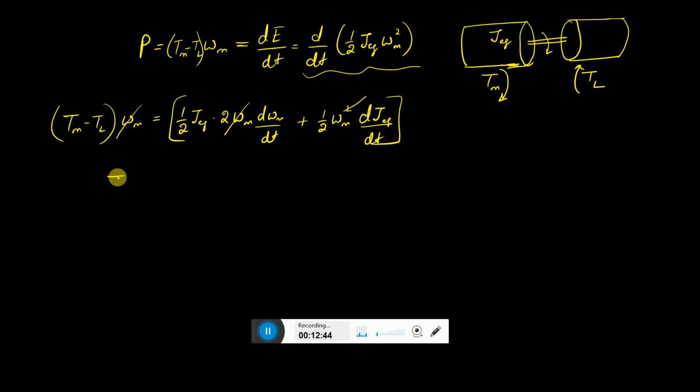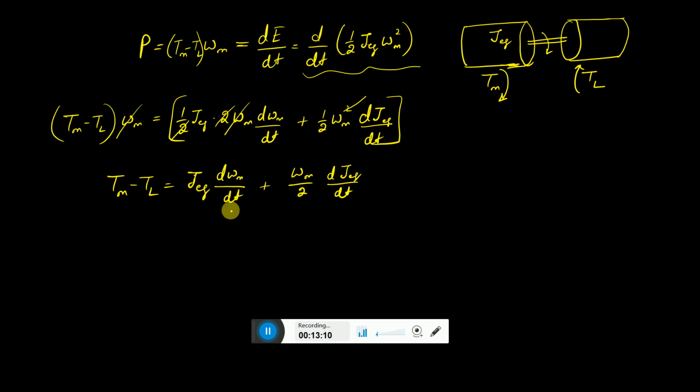Now what we get left is Tm minus TL is equal to, with the 2 cancelling out, J equivalent d omega m by dt plus omega m by 2 dJ equivalent by dt.